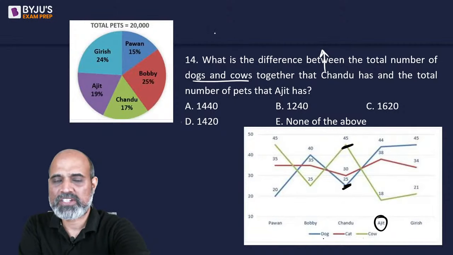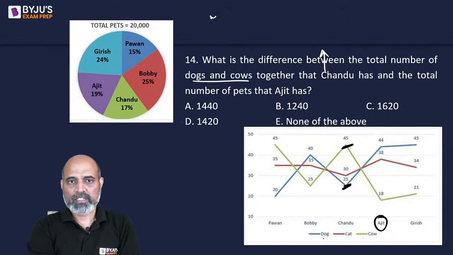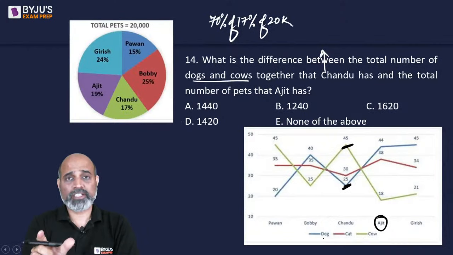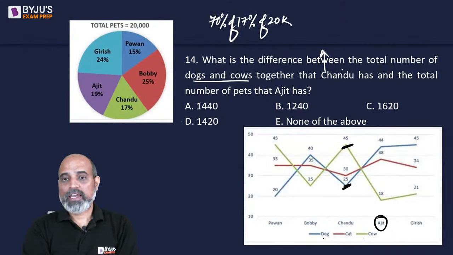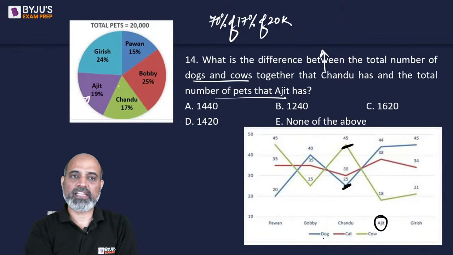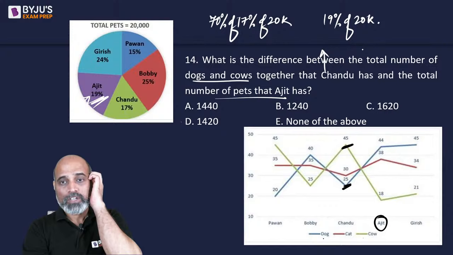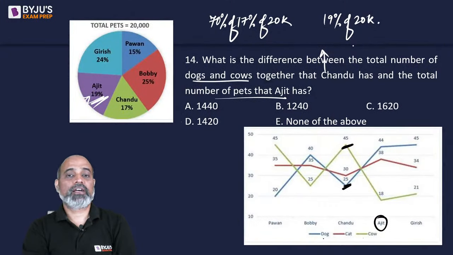Can we say we can straight away write 70%? Of Chandu has a total of 17% of 20,000. ये हो गया total dogs and cows Chandu का. And total number of pets that Ajit has. Now Ajit के लिए all I have to do is calculate 19% of 20,000. है ना? So we need to calculate the difference.